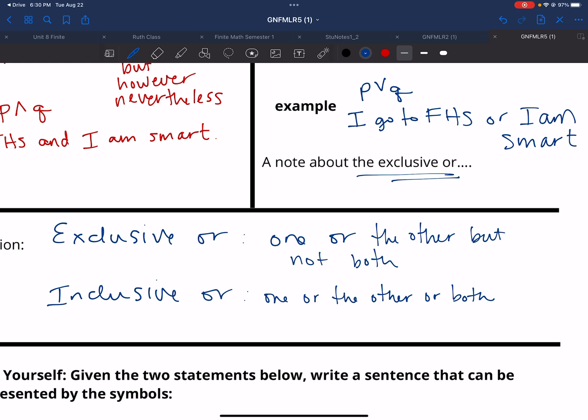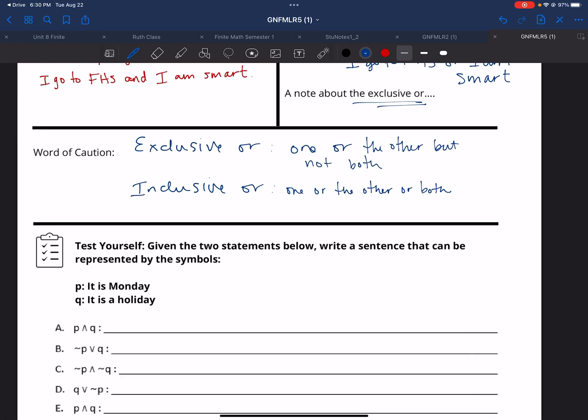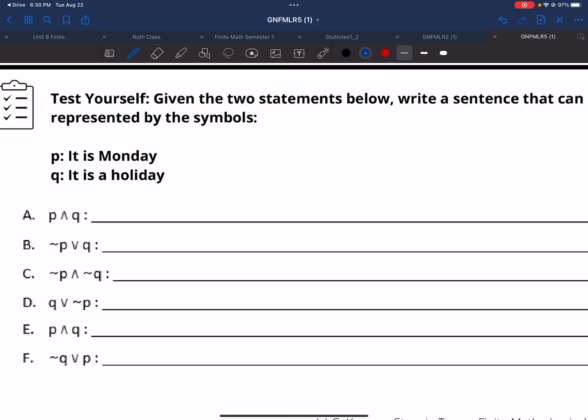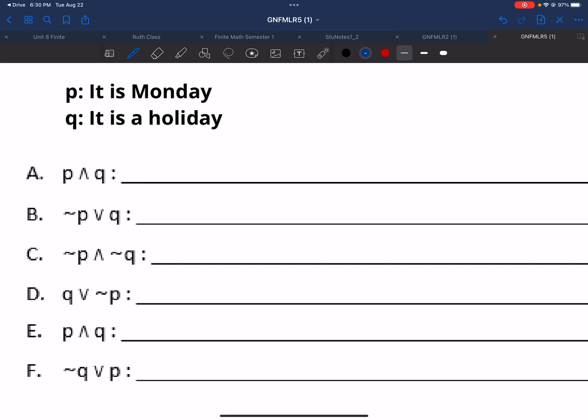So let's take a look at the statements below and write a sentence that can be represented by the symbols. I want you to see if you can go ahead and plow through this yourself. I will warn you that E is the same as A, so I'm going to go ahead and mark that out. We'll do the first one together just so that you're on your way. So I have a P and a Q. So I'm looking at my P statement and my Q statement.